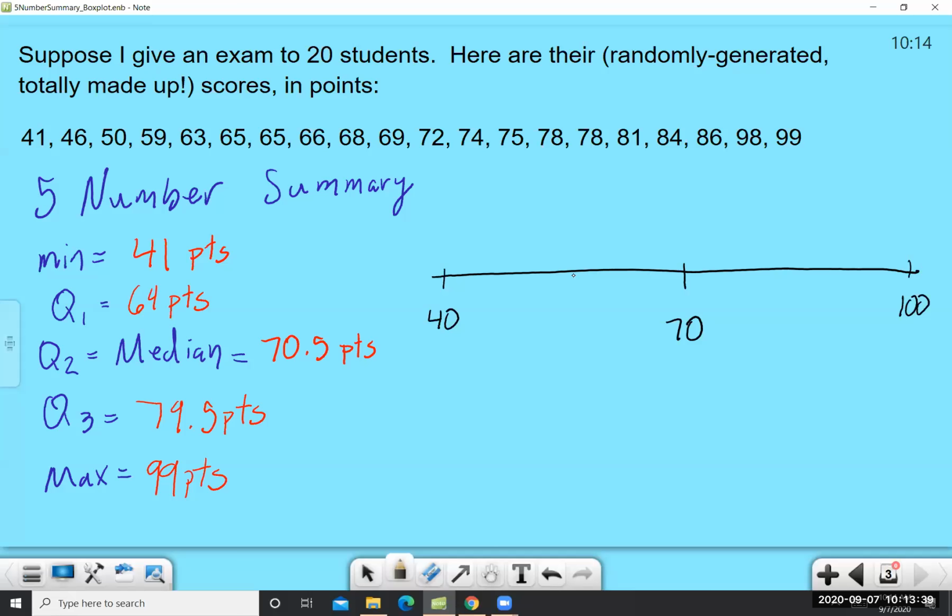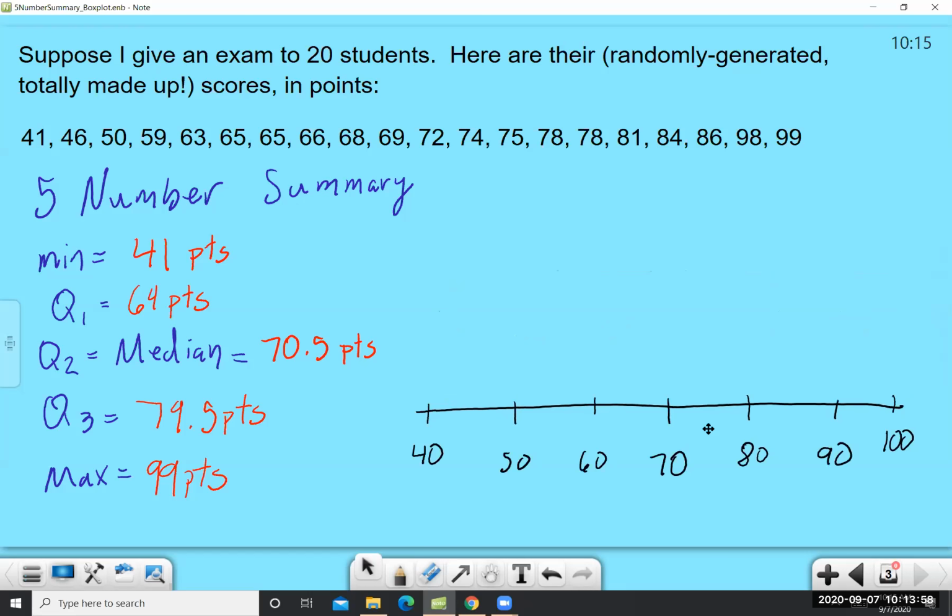In between those, we would have 50 and 60, and in between the others, we would have 80 and 90. So there is my scale for my box plot. And in fact, I'm just going to adjust this down, because now we'll draw the box plot on top.